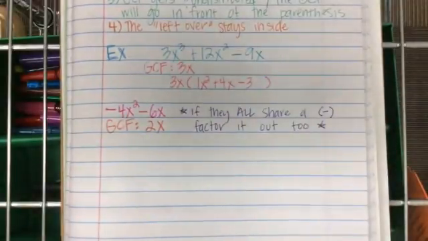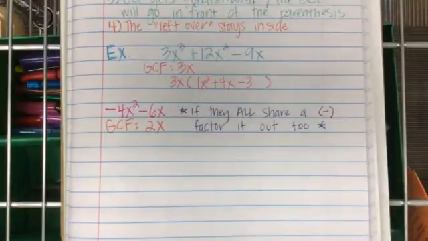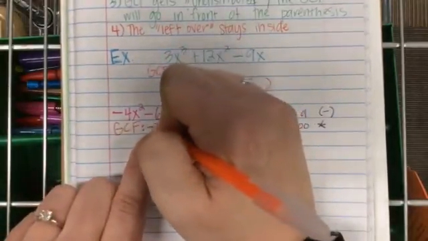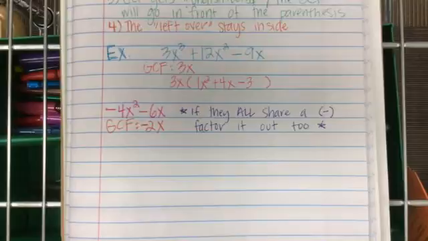And that's kind of the flaw in the system, because 2x is greater than negative 2x, correct? But they both share that negative, so we're going to take that negative out also.